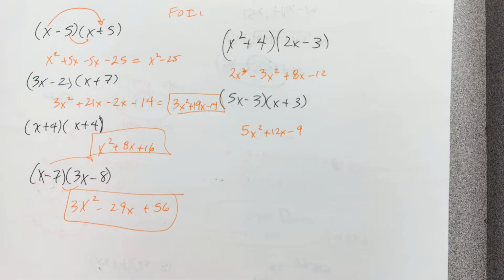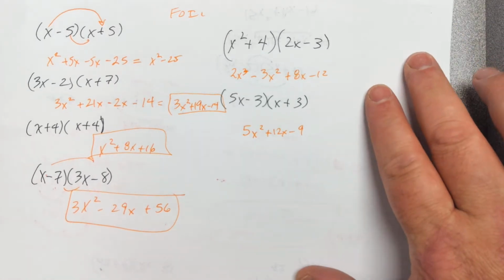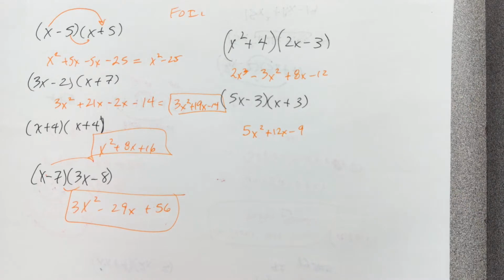Good to go? I'm down, undefeated with this, but it's okay. So the thing with this is that it's easy to do, but you've got to get fast at it.